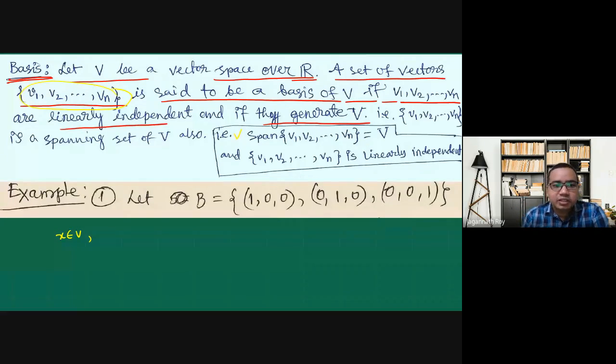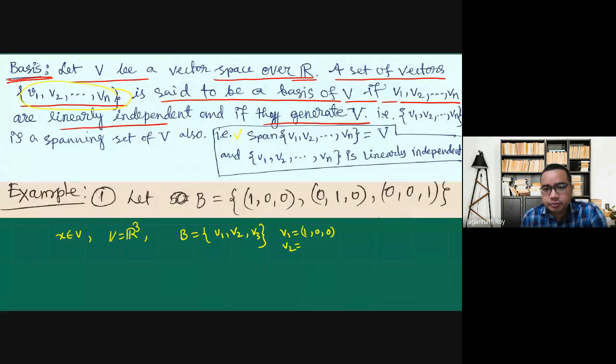One trivial example is if you consider V equals R3, and B equals V1, V2, and V3, where V1 is 1, 0, 0, V2 is 0, 1, 0, and V3 is 0, 0, 1.